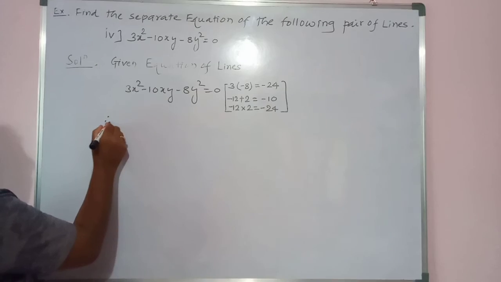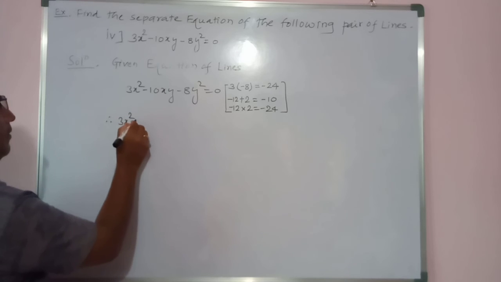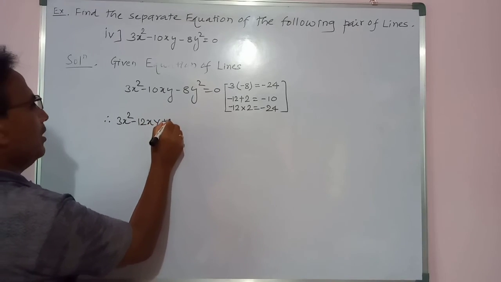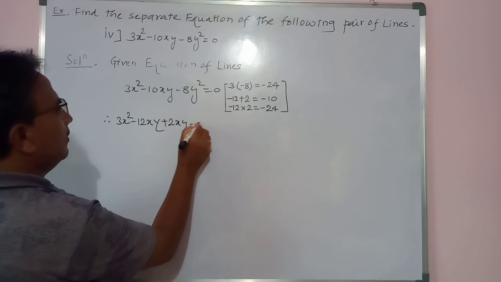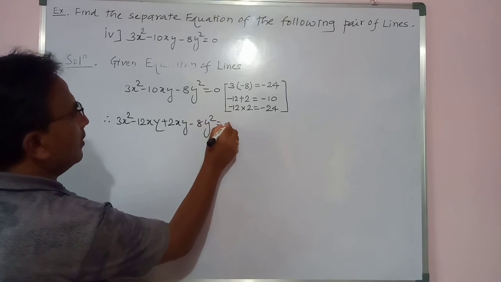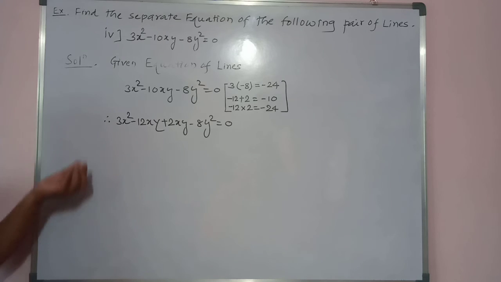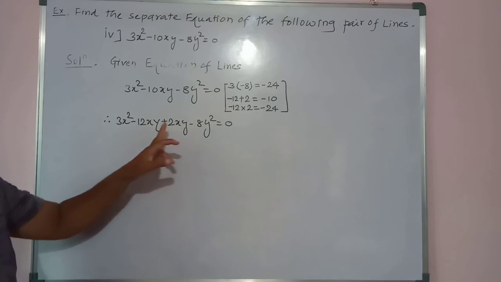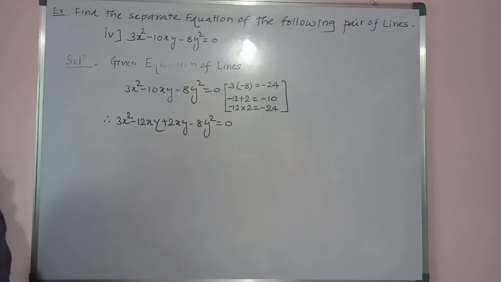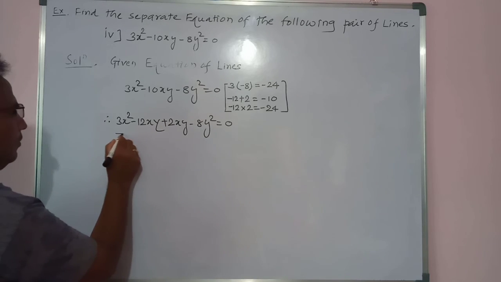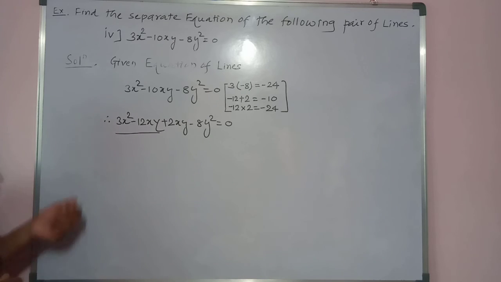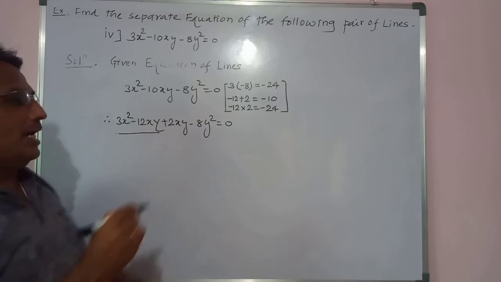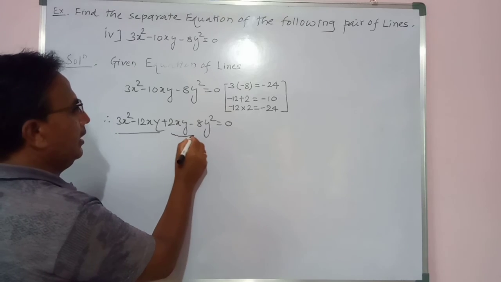Therefore, we adjust 3x² − 12xy + 2xy − 8y² = 0. The first unit is 3x² − 12xy and the second is 2xy − 8y² = 0.